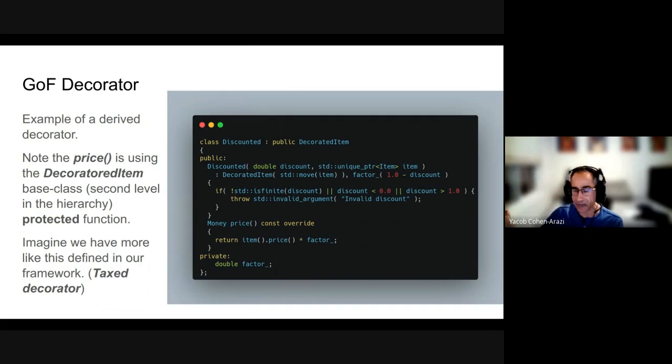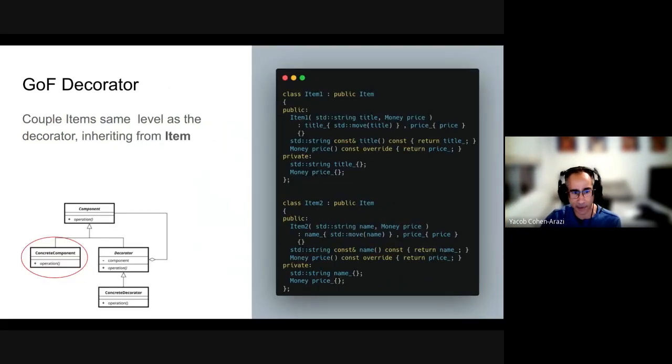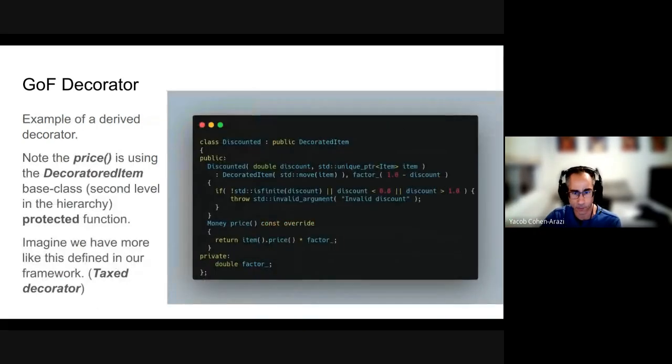It can be either a concrete component or some other decorator that is already doing something. We'll see an example. And discounted is taking the price from whatever we have so far, just calling the price function on the item, whatever item it is, doing something, and returning that.